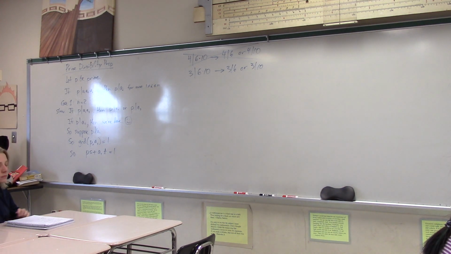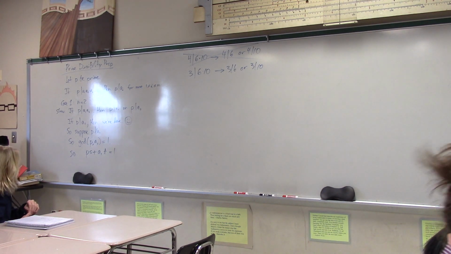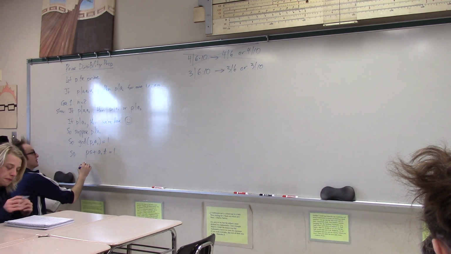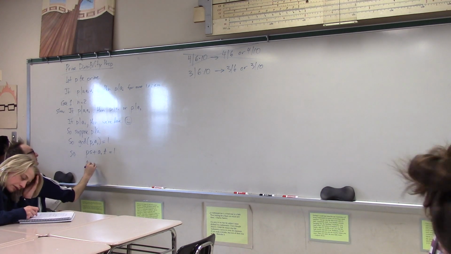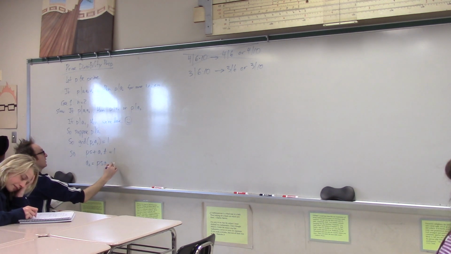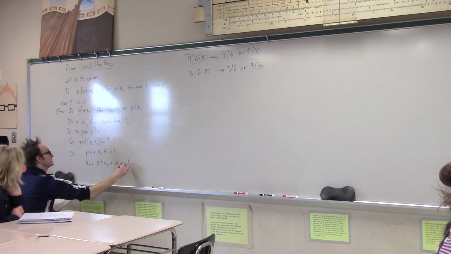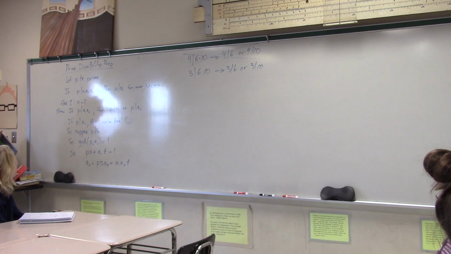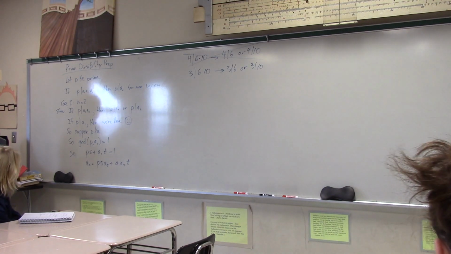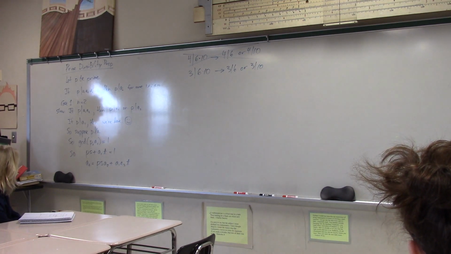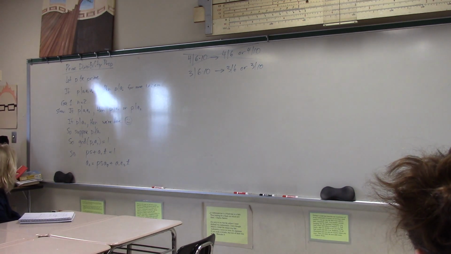Okay, but if this is true, everyone with me? Multiply through by a2. If we multiply through by a2, then we get that a2 is p s a2 plus a1 a2 t. But we now have basically what we need, right?